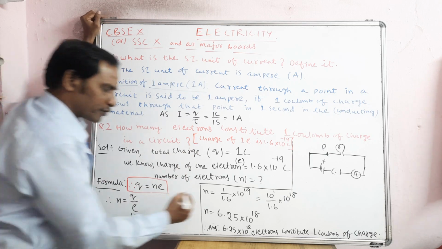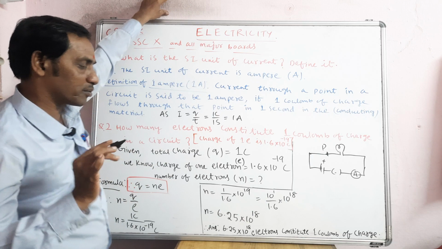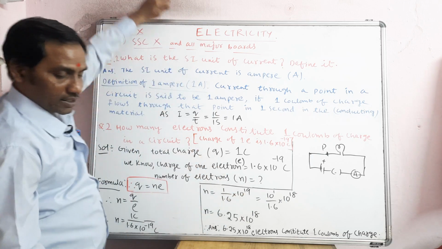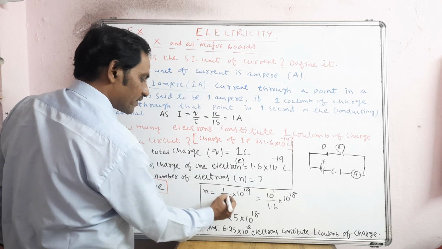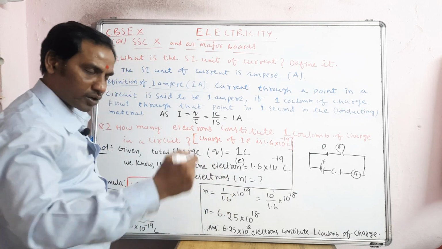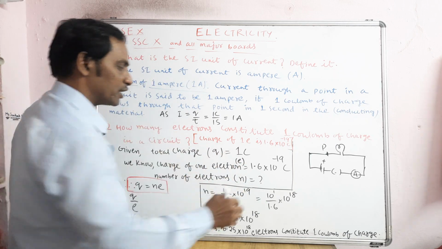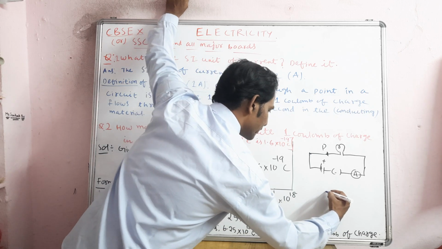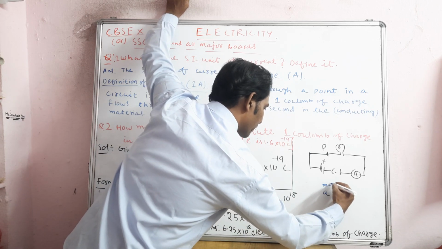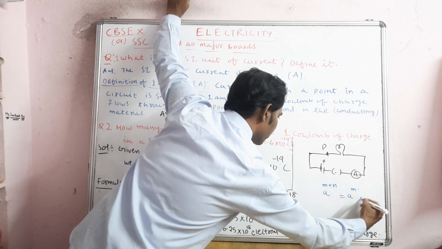Now if you divide 1 by 1.6, you will get 0.625 into 10 to the power of 19. But what I did: 1 divided by 1.6 is a smaller number divided by a bigger number, so I wrote 10 to the power of 19 as 10 to the power of 1 into 10 to the power of 18. Why? Because a to the power of m plus n can be written as a to the power of m into a to the power of n.